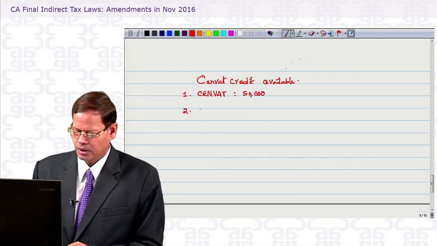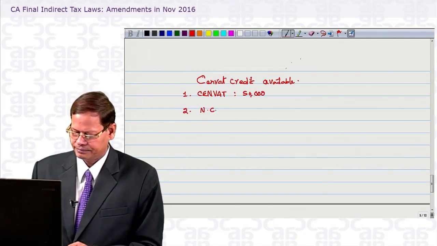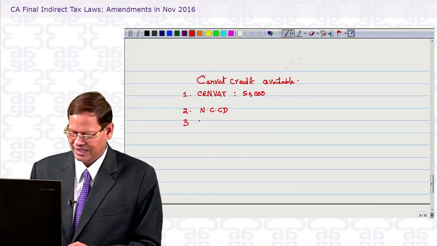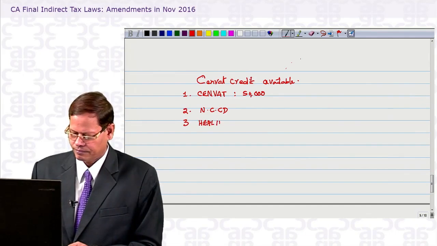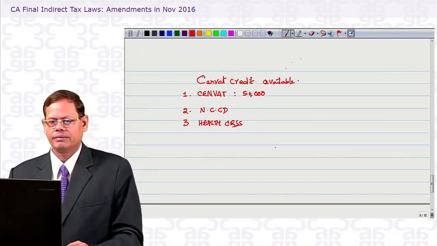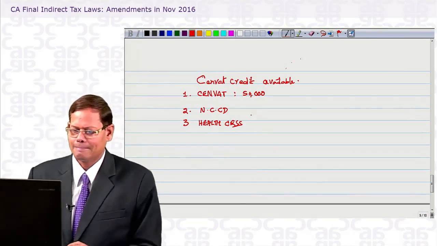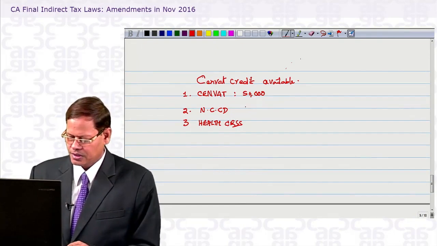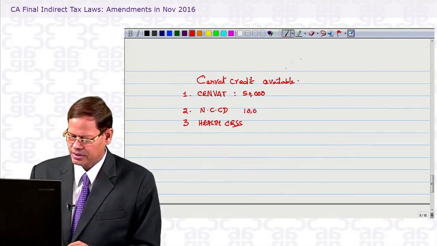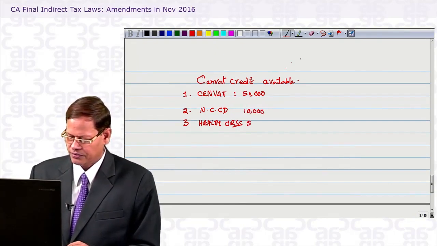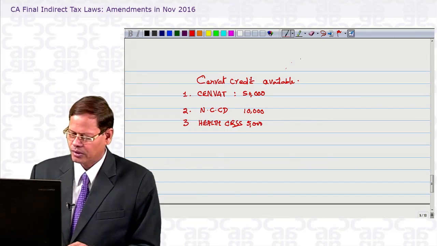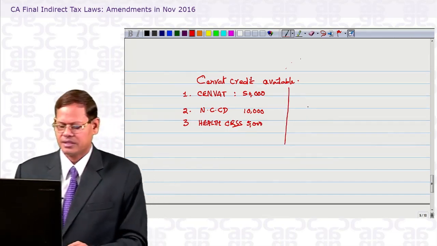Number 2, you have NCCD, you have health cess. Say this is 10,000 rupees, say this is 5,000 rupees. These are the balances available.